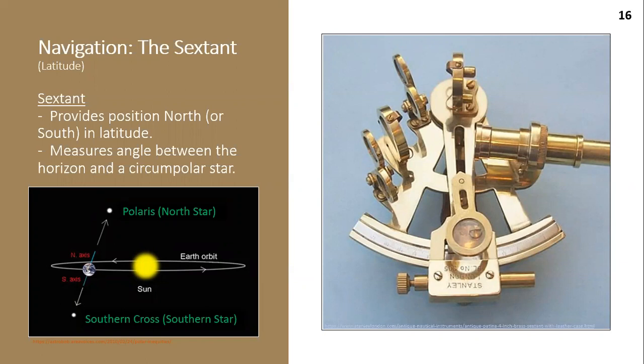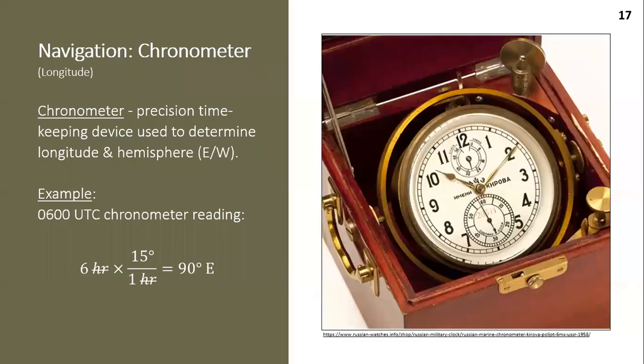To do that, we use a chronometer. The chronometer is a precision timekeeping device used to determine one's longitude, measured at local noon, relative to UTC time. For example, before leaving port, a ship's chronometer is set to the home time at the home longitude. One's current longitude is calculated from the time difference between your current time, taken at local noon, and the chronometer's UTC time.